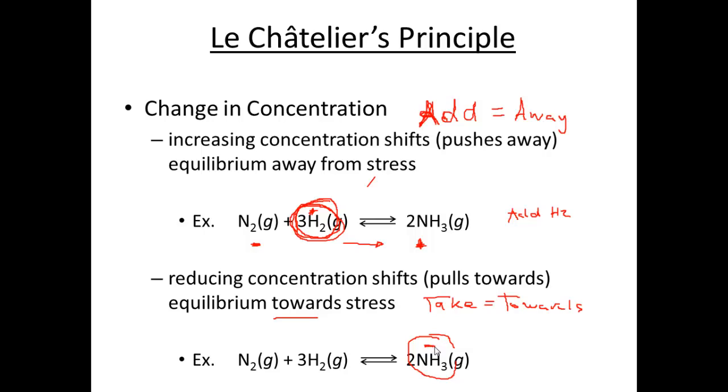We're taking it away so there's less of it. So all of a sudden, if there's less of this, there's going to be more of this stuff, and it's going to want to go in the forward reaction again. So if we're going in the forward reaction, we're going to get less of here and less of here.